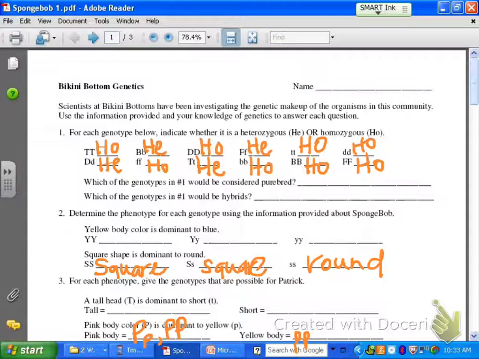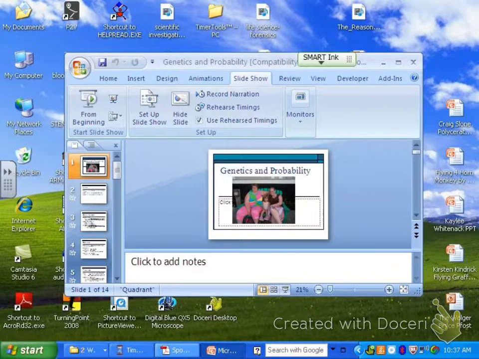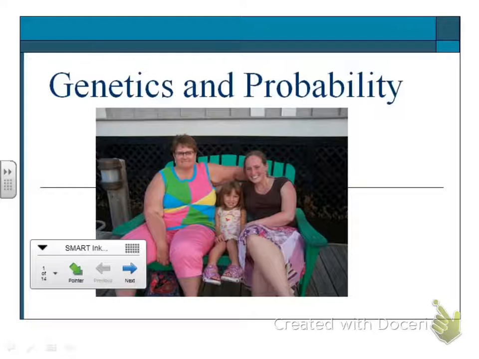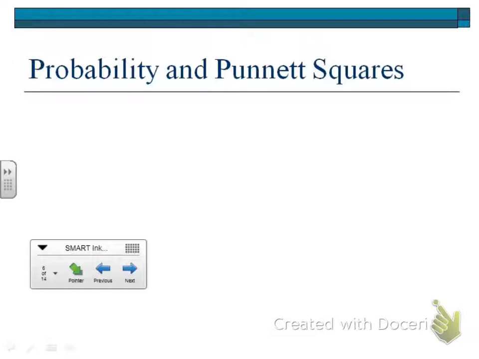Now that we've got some practice with that vocabulary, we're going to start talking about Punnett squares and determining probability. As I established on Friday, you all had a chance, or probability, of getting the traits that you did. Some of you have a 100% chance of having crooked pinkies or straight pinkies.